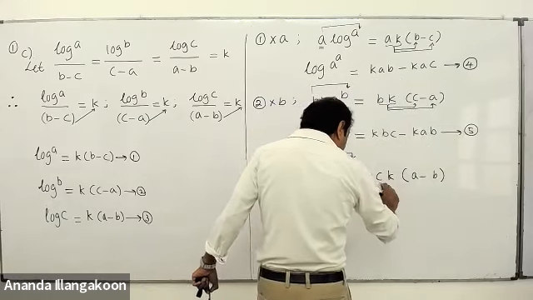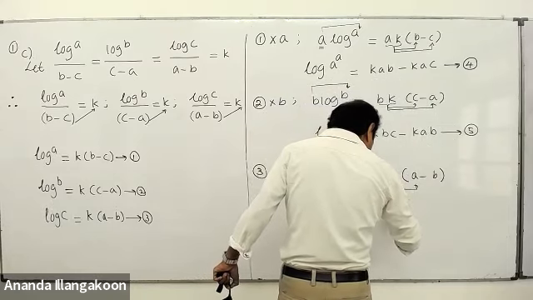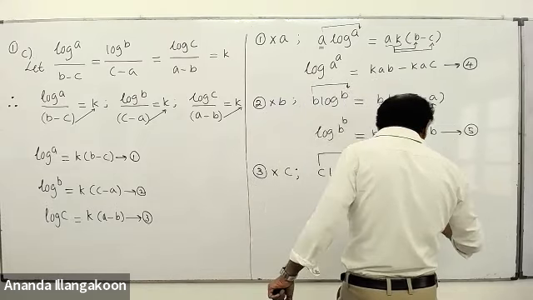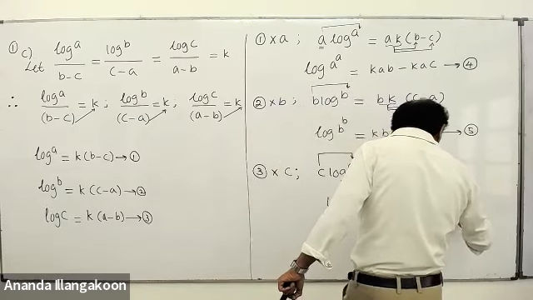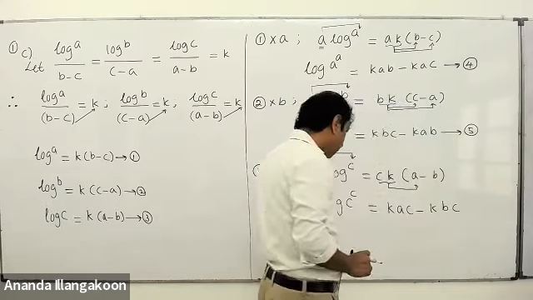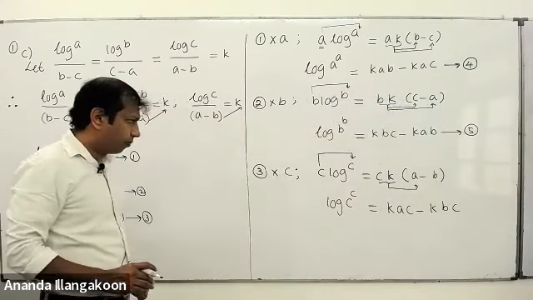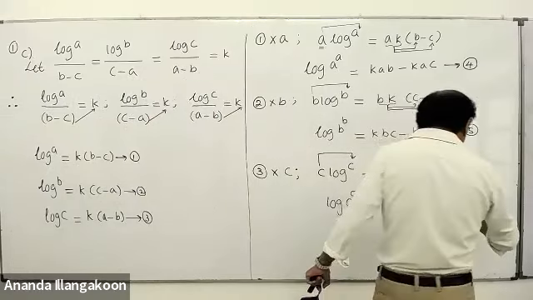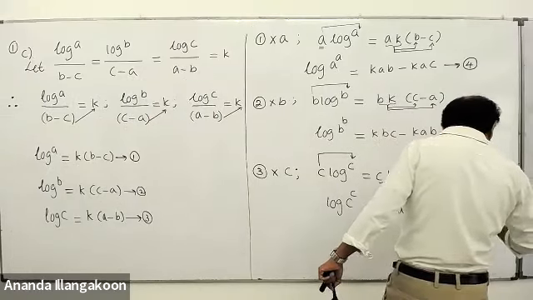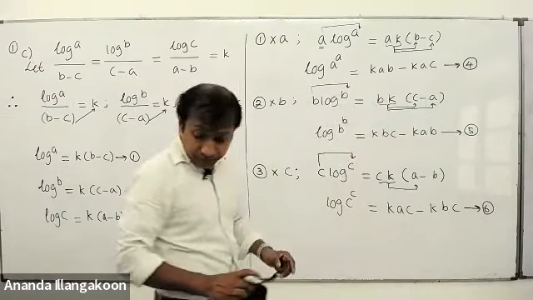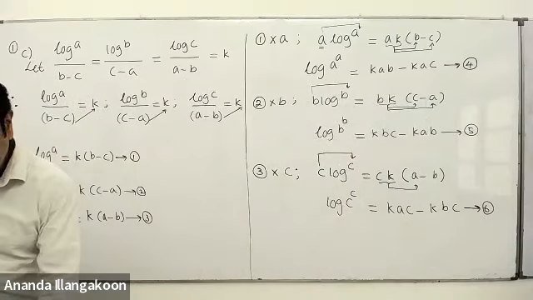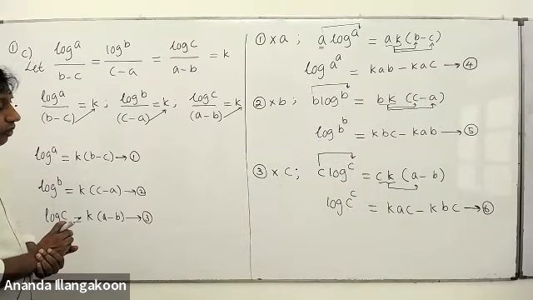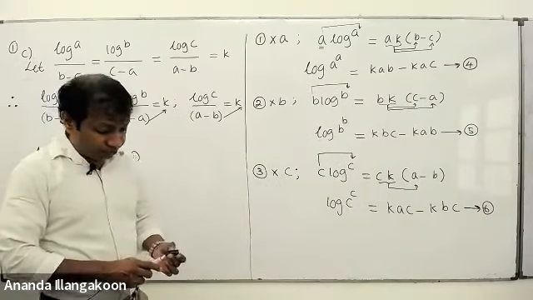Bring this inside and multiply: kac minus kbc. Now, kac minus kbc is number 6.